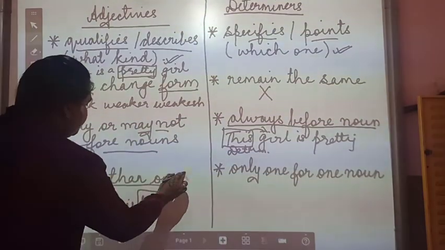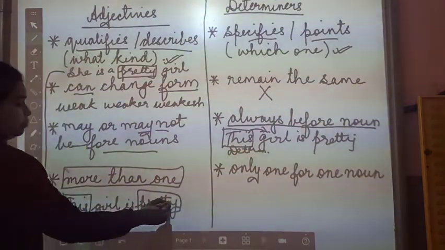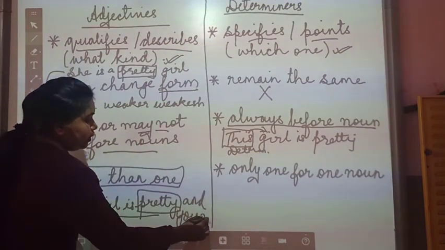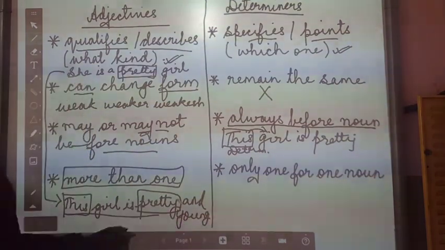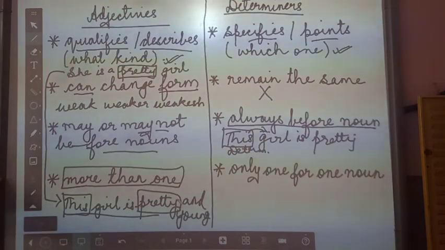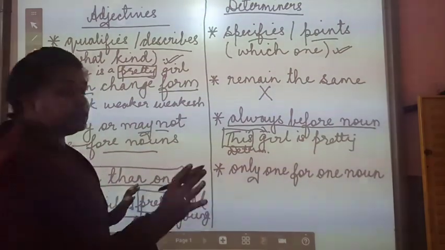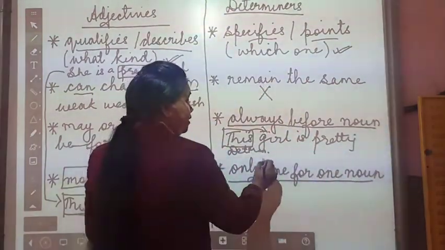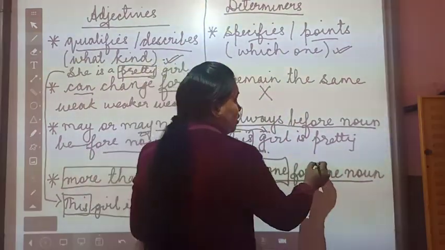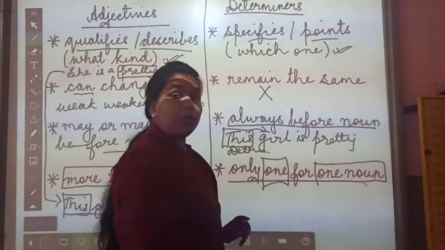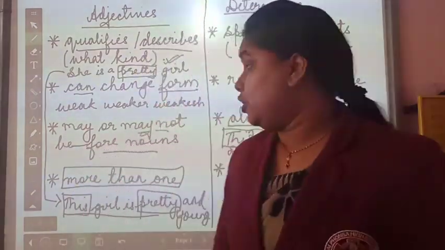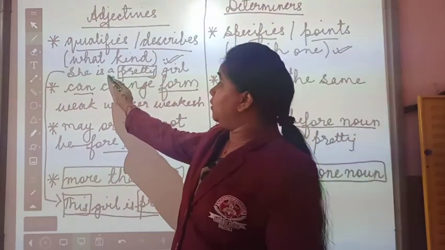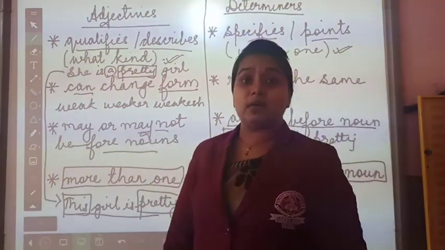Now, what is the last difference that you have to keep in mind? More than one. Okay, here, this girl is pretty and young. So I can use any number of words to describe a noun, to qualify a noun, but that is not so in the determiner. Okay, one determiner for one noun. I cannot use more here. Suppose I have written here, she is a pretty girl.